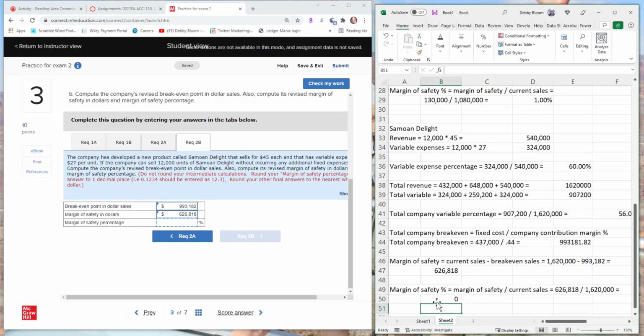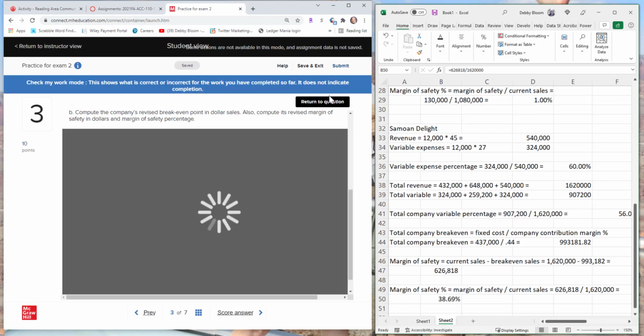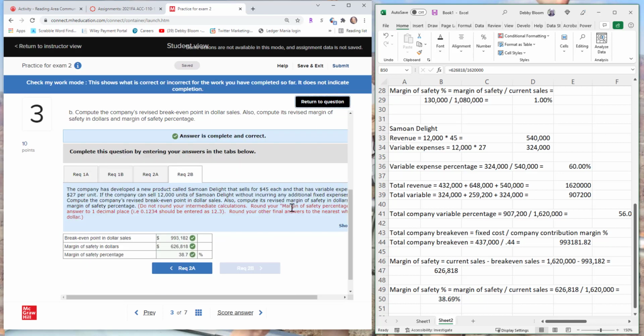And that comes out as 0 only because I have it set for the commas. So I'm just going to change it to percent style. And it looks like it's 38.69%. And it says round your margin of safety answer to 1 decimal place. So that would be 38.7%. And there we go. We have now finished problem number 3.